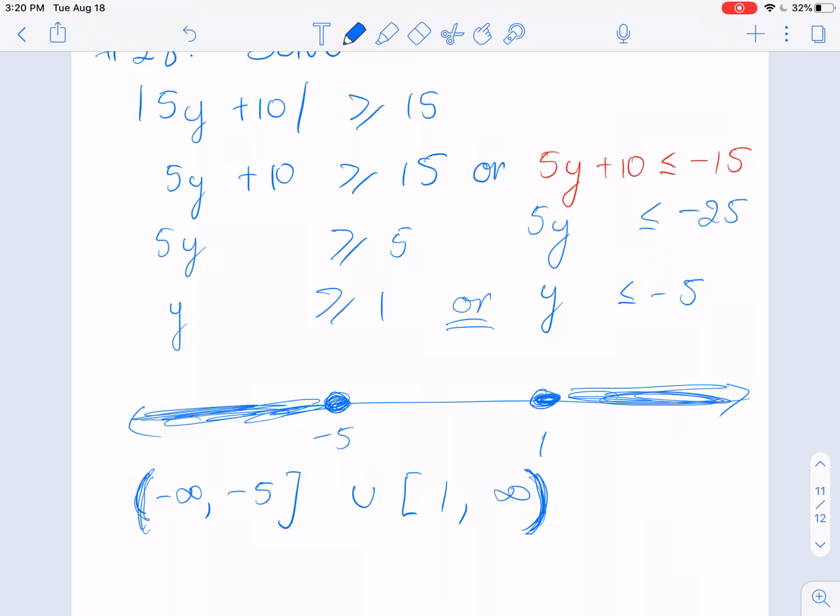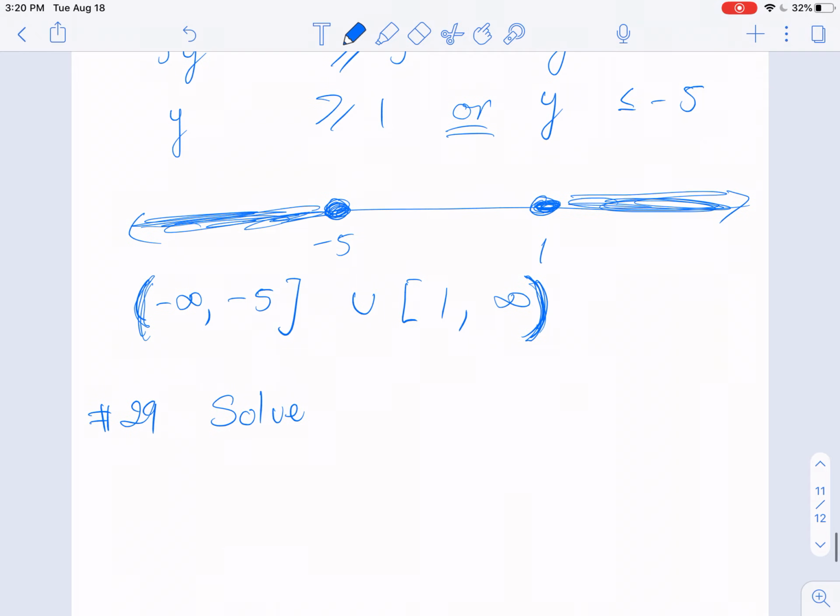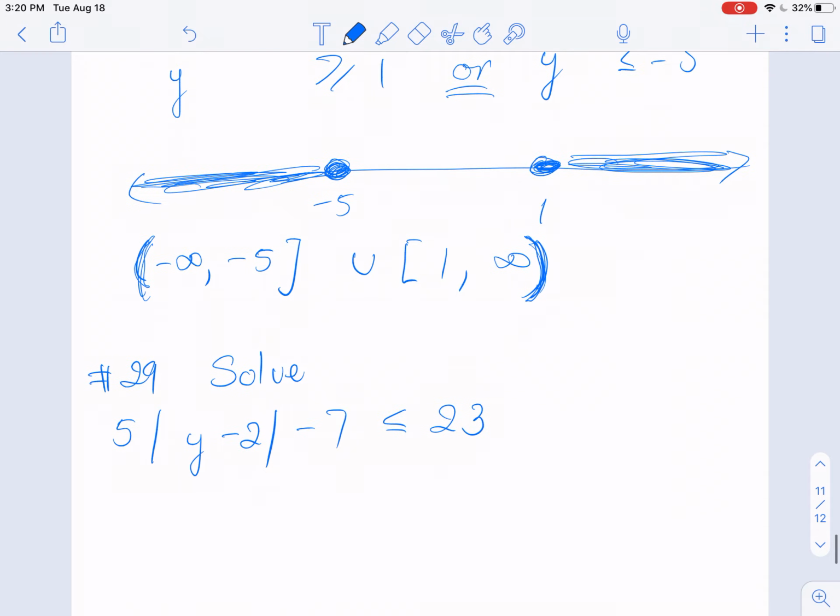Okay, now if I have something like number 29, so 5 times the absolute value of y minus 2, minus 7 less than or equal to 23. Make sure before you drop the absolute values, make sure you isolate it first.